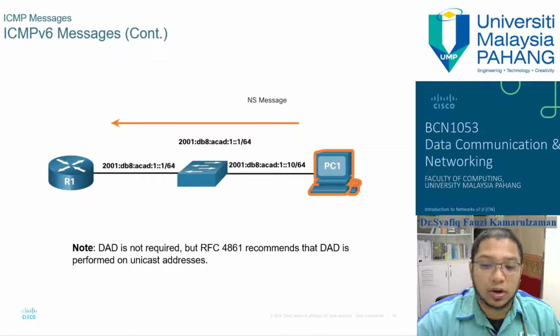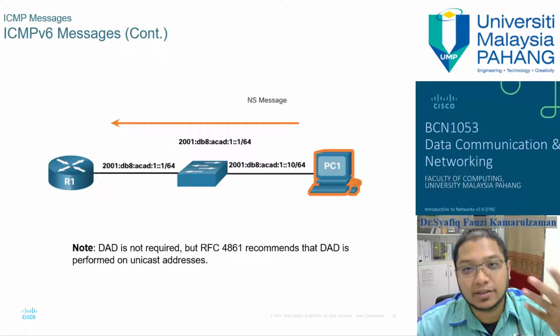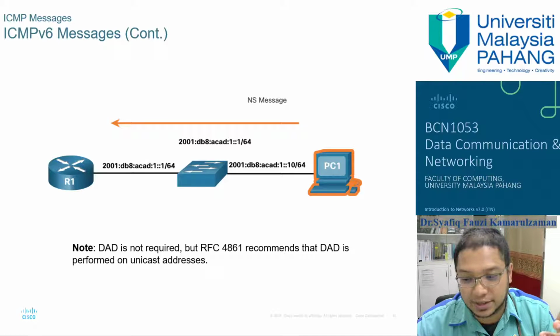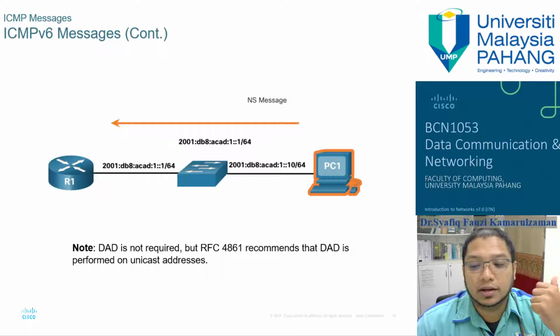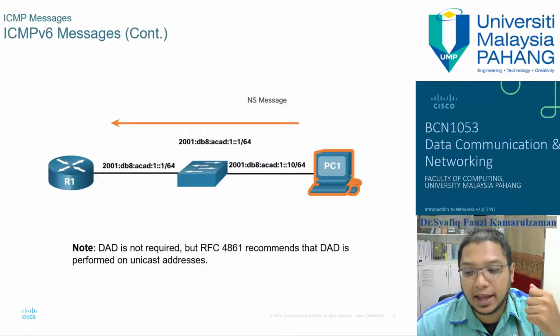If another device on the network has the same address as this PC, it will respond with an NA message notifying the sending device that the address is in use.